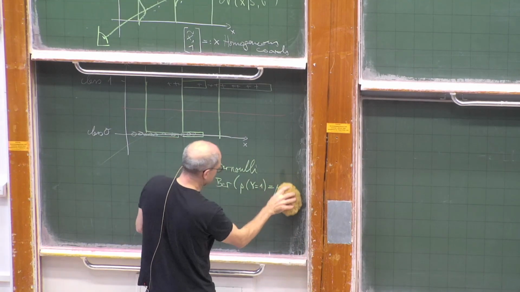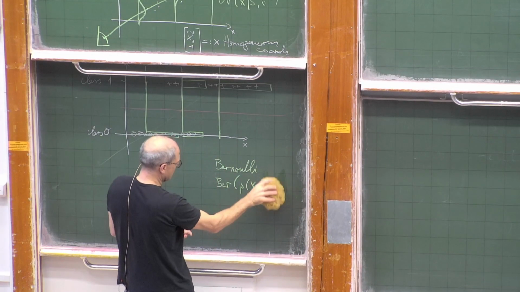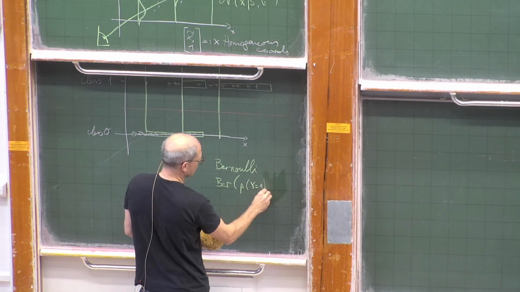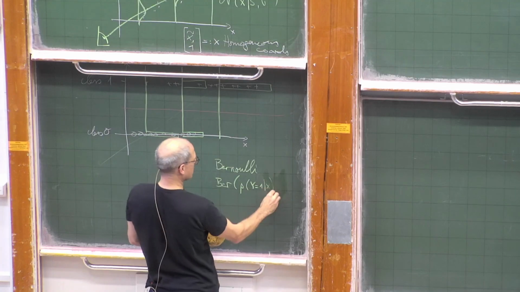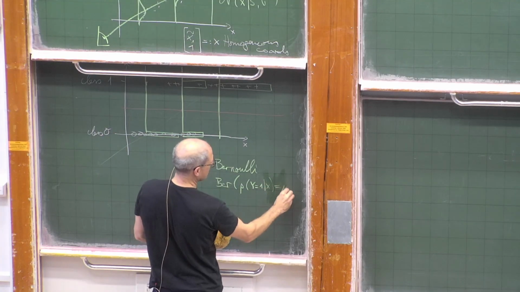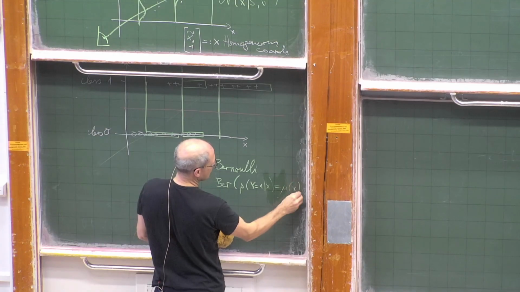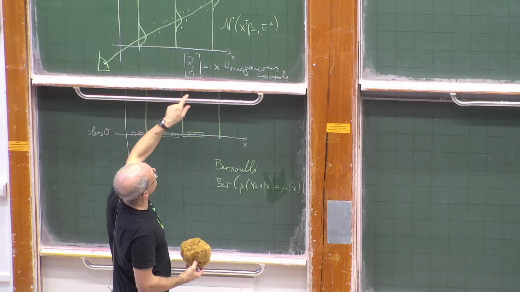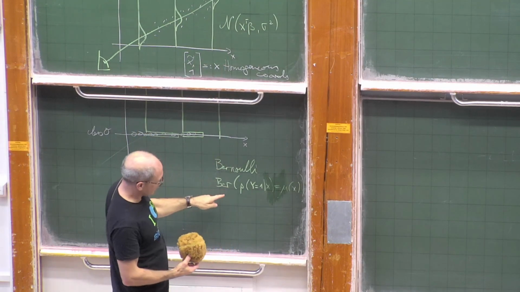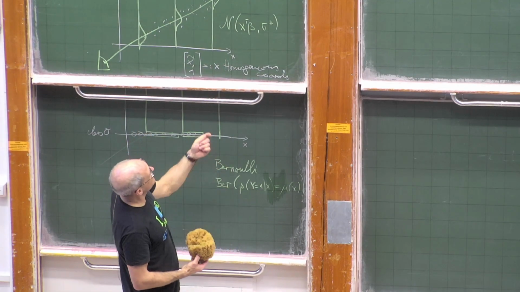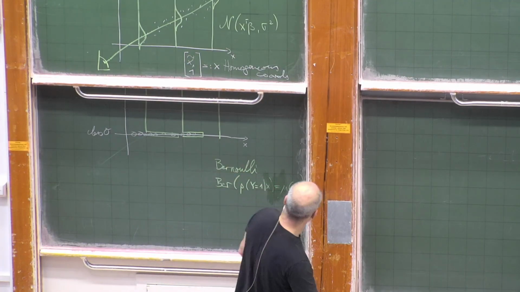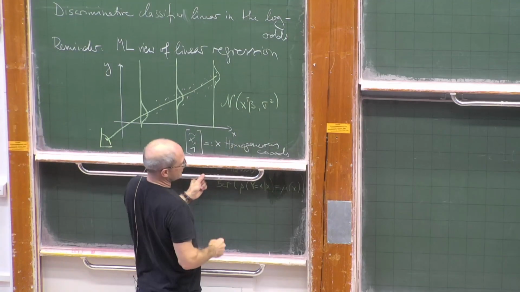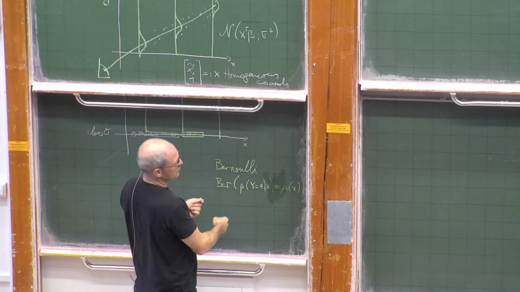I want to have the probability of class 1 at some feature x. And this is given by a parameter mu, which will also depend on x. Just like I wrote normal distribution here, I'm now writing Ber, and the normal had two parameters, its location and its variance, while the Bernoulli is a distribution with a single parameter.